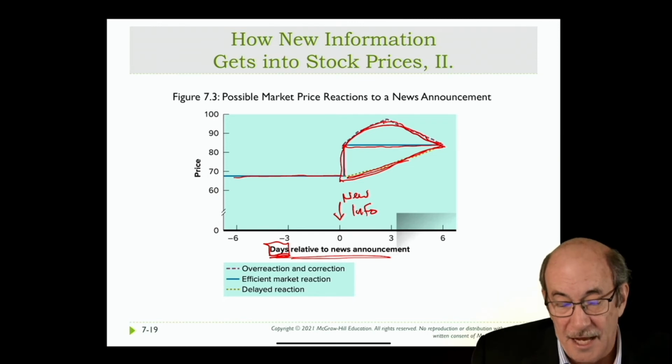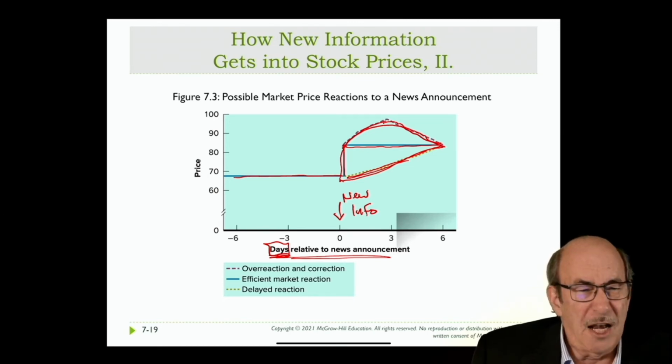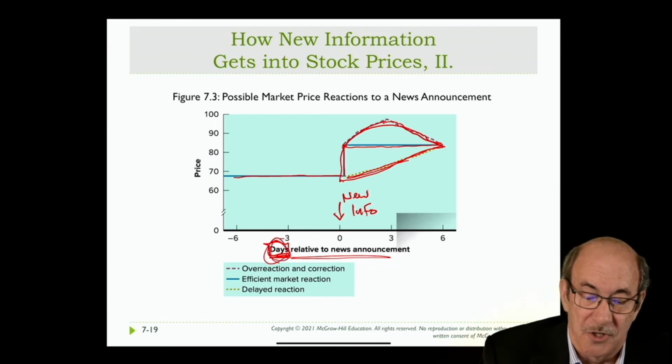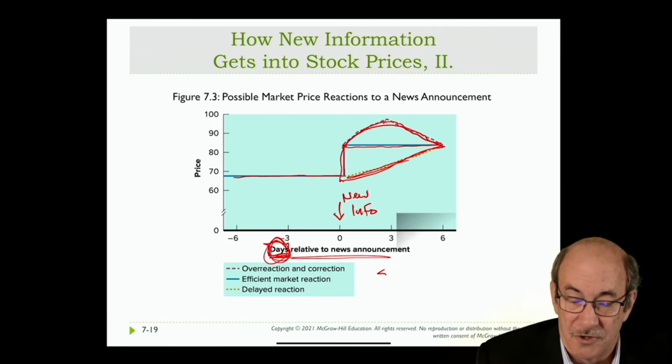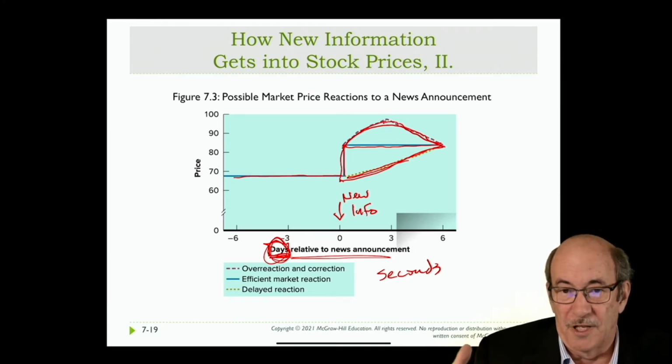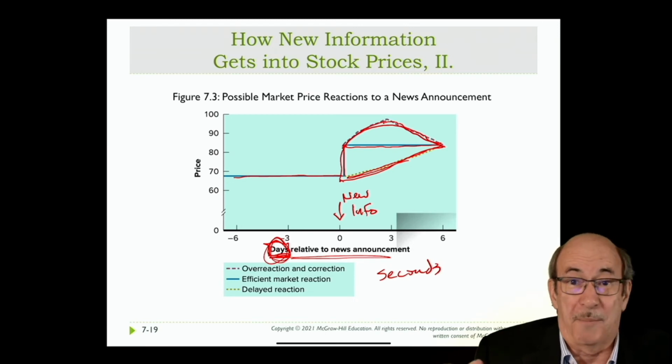So that is inefficiency. It's not a bad thing necessarily, particularly if instead of talking about days, we're talking about seconds. If price snaps to where it should be within a couple of seconds, hey, I'm happy with that.